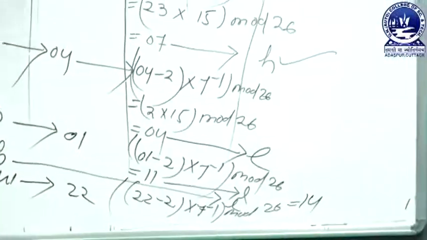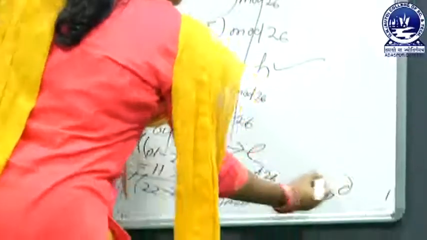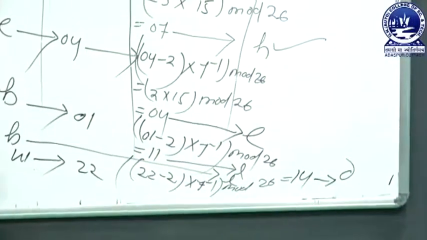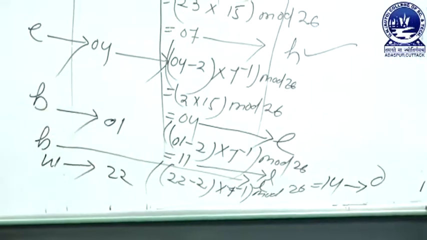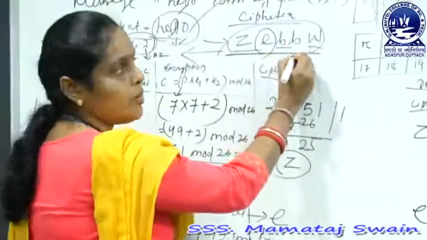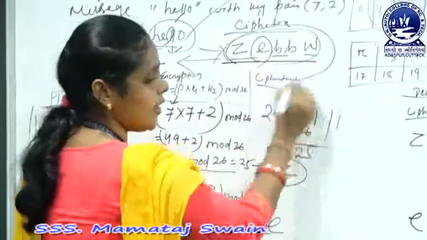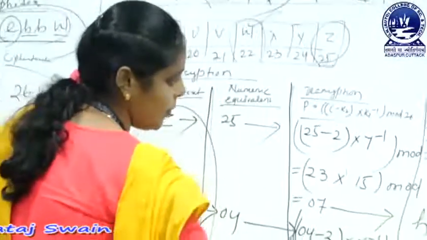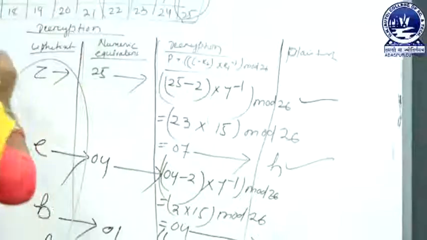Now for 14 the alphabet is O. That means for our ciphertext W the plain text is O. Here our ciphertext is ZEBBW. For this ciphertext we have calculated the plain text, that is hello.